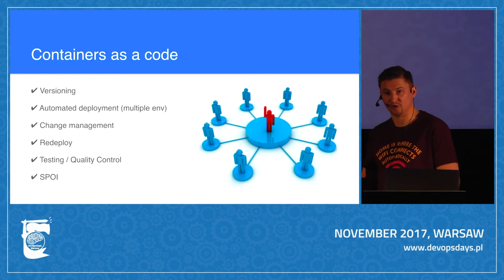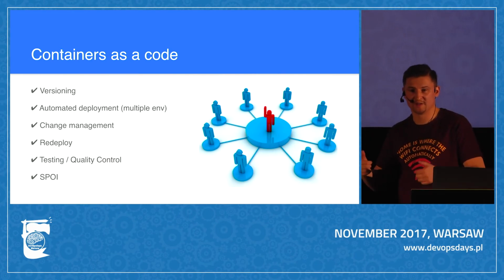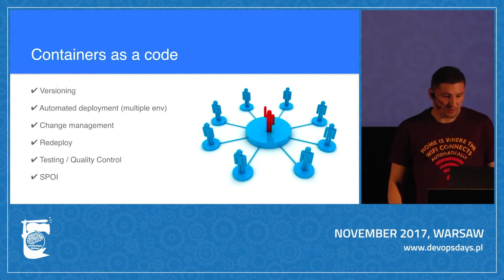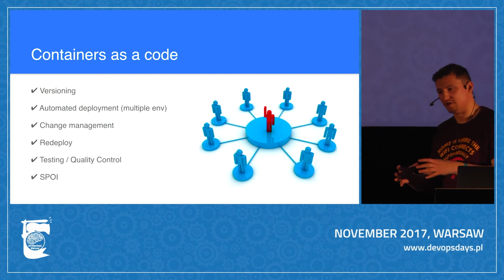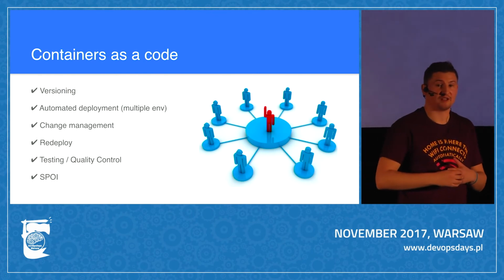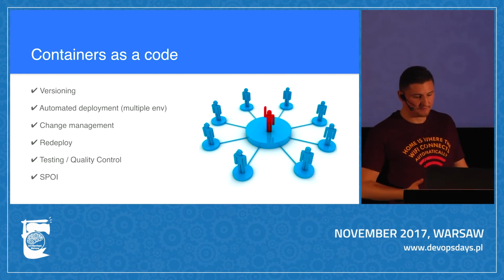We've got automated deployment because images are universal, and we've got config maps that allow us to make the customizations. We've got change management because the specification is code actually, so we can review it. We can make a dry run to see what will change in the future.